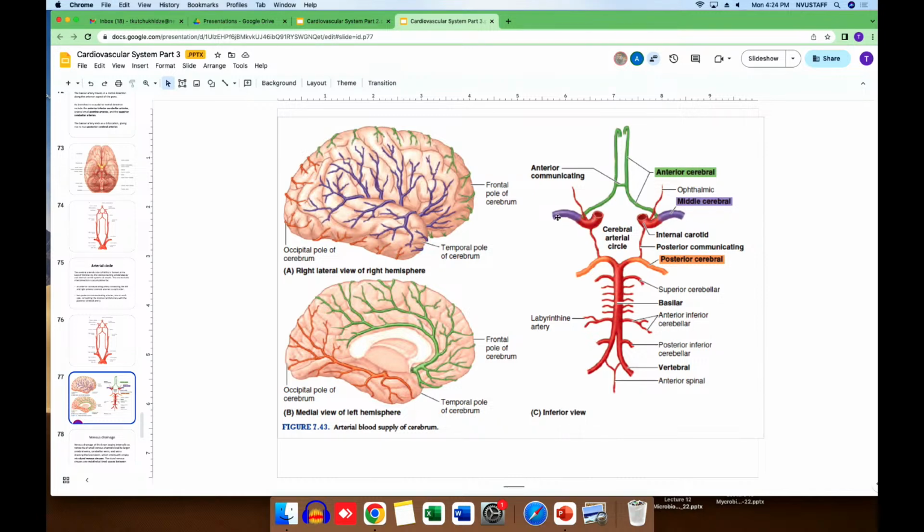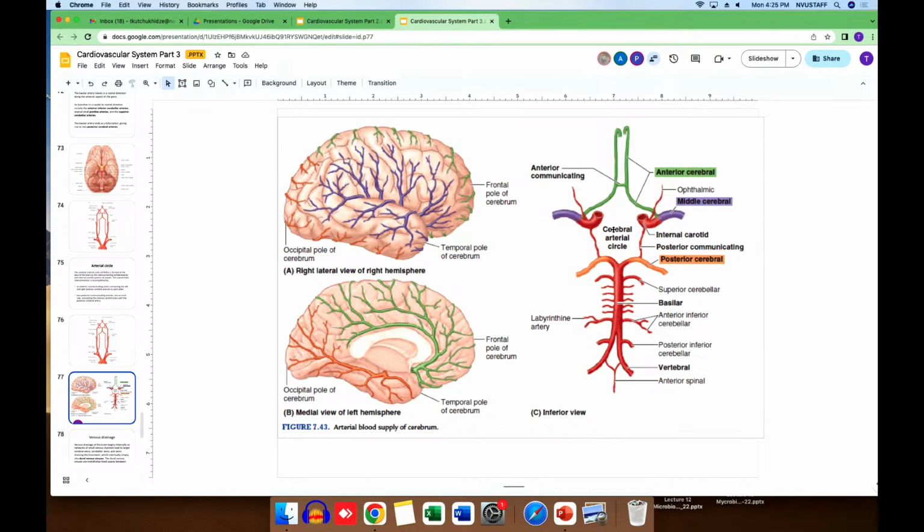We have the middle cerebral artery, a branch of the internal carotid artery, and as you see, the middle cerebral artery supplies the lateral aspect of the cortex, right? After that we get our anterior cerebral arteries, which supply most of the frontal part of the cerebrum.